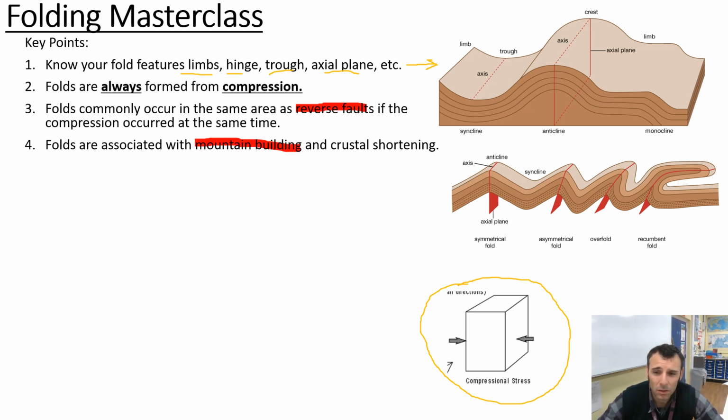Now, just to prove this point, in Nepal, in the area of the Himalayas, you have reverse thrust faults. You have nappes, which I'll get onto in a bit, or as some people like to call them nappies. They are commonly found together, in conjunction, in the same sort of tectonic setting.